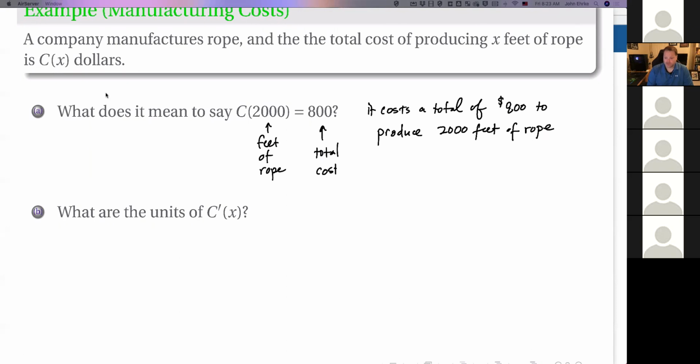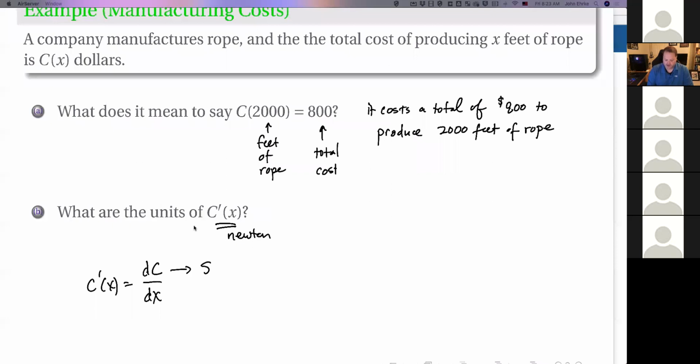Okay, the fact that we've got two different answers here is good, because it leads me back to the way to do this that's sort of foolproof. If you have C prime of X, that's the Newton notation. C prime of X is the same thing as the derivative of C with respect to X. So the function variable goes on top, the input variable goes on bottom, and now you're just replicating the units.